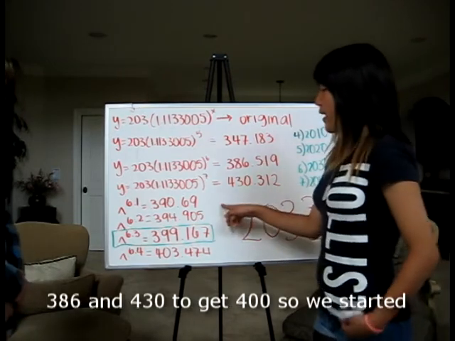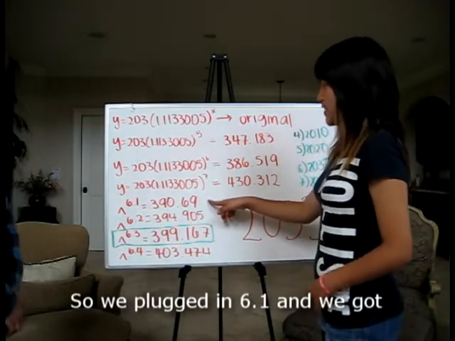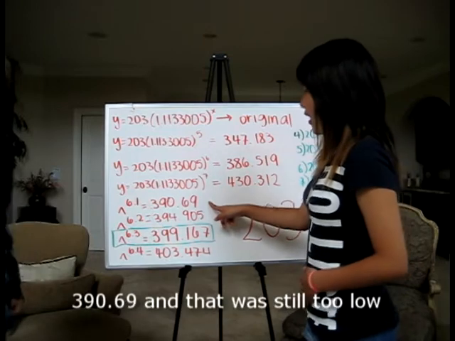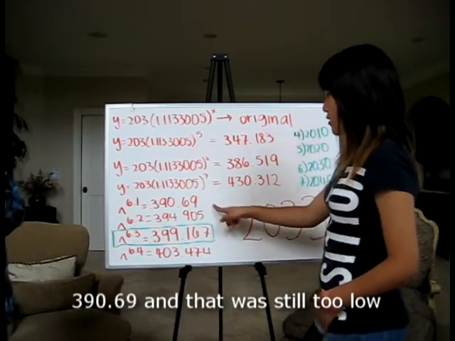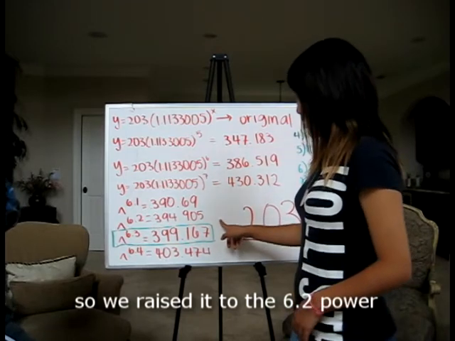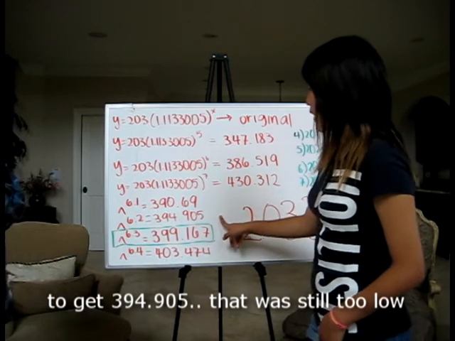So we started by plugging in decimal points of 6. So we plugged in 6.1 and we got 390.69. That was still too low, so we raised it to the 6.2 power to get 394.905.